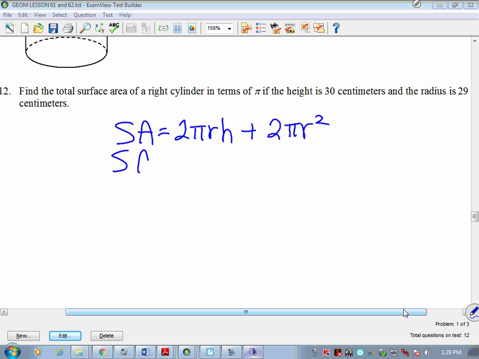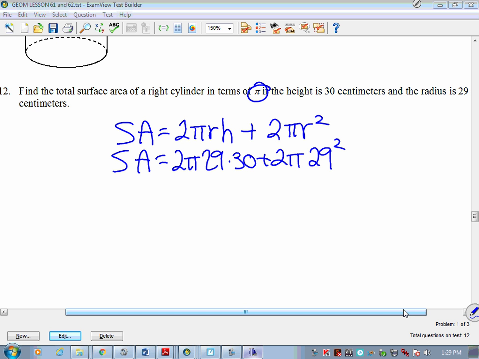Again, we're solving in terms of pi. So we have 2 pi, my radius is 29, my height is 30.